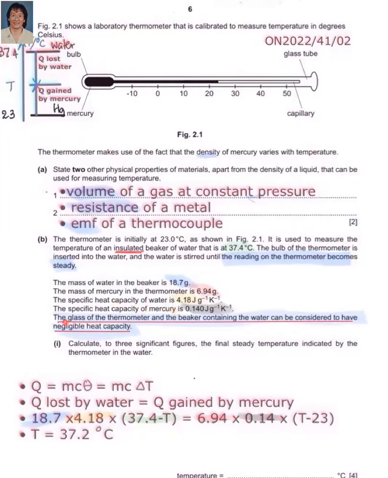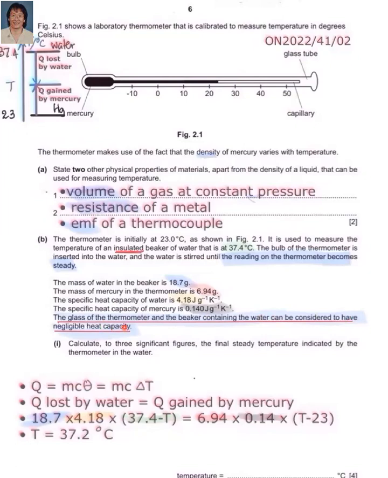You're also given that the glass of the thermometer and the beaker containing the water can be considered to have negligible heat capacity. After reading the passage, focus on 2 keywords. First, insulated: this shows that no heat energy is transferred between the system and the surroundings. Second, the glass of the thermometer and the beaker can be considered to have negligible heat capacity.